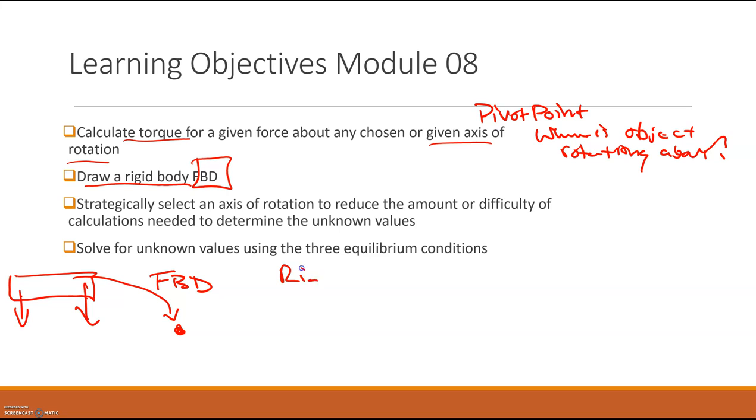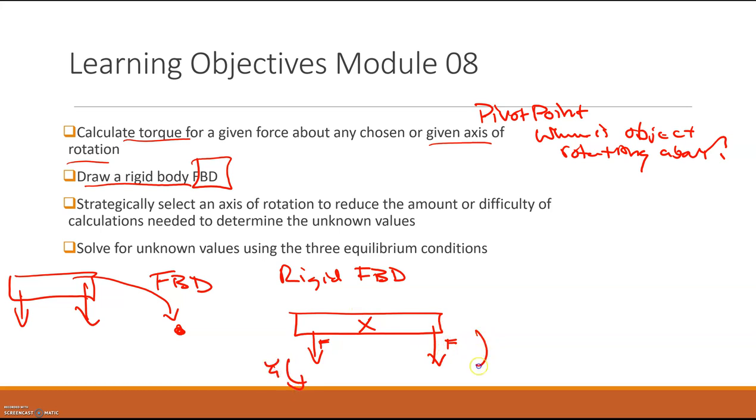For a rigid FBD, we will have the full picture with the forces, and then we need to choose a pivot point and deal with the torques as well. So that's a force, and then we need to deal with torque 1 and then torque 2. And so that's the difference between a free body diagram and a rigid free body diagram.